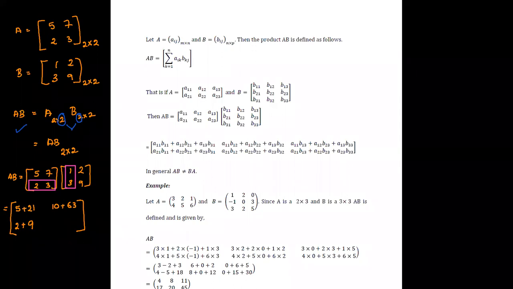Since we have finished up the values with first column, now we can move for the second column of the second matrix. If you multiply these values, then we will get 2 times 2 plus 3 times 9, value is 27.